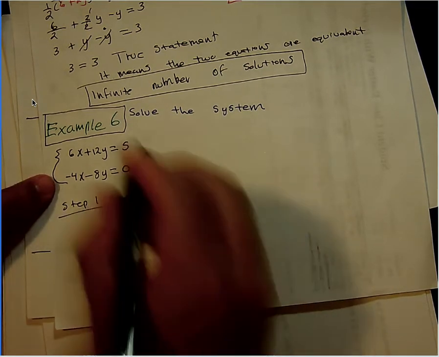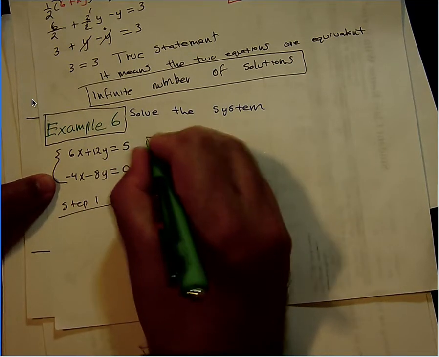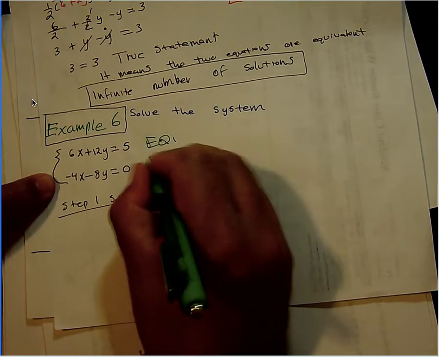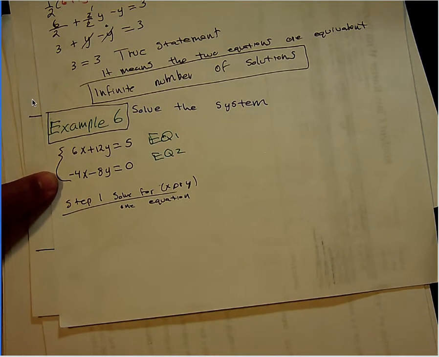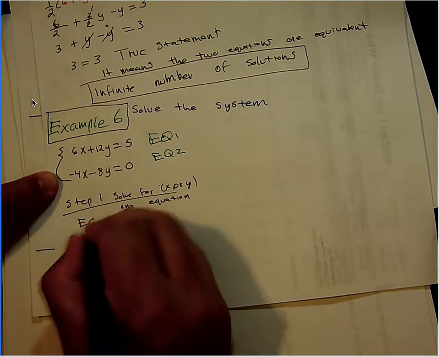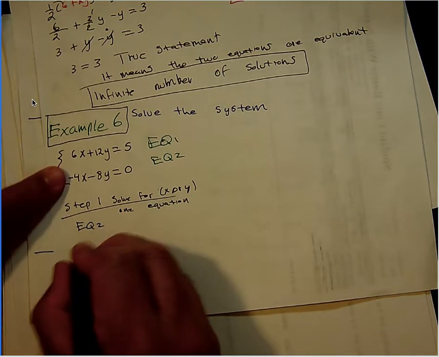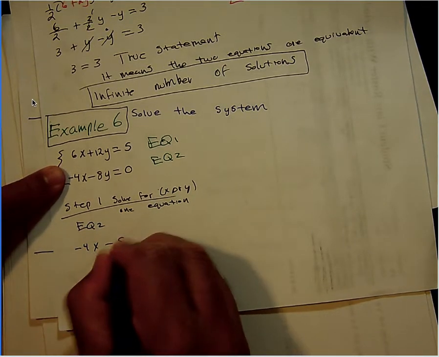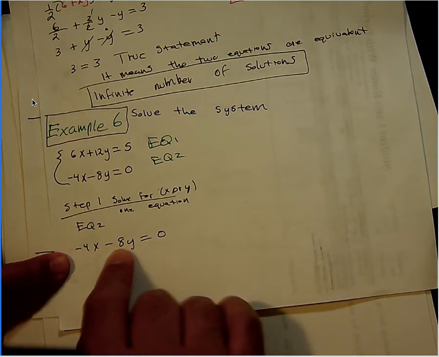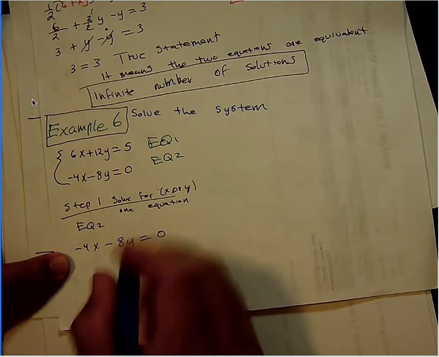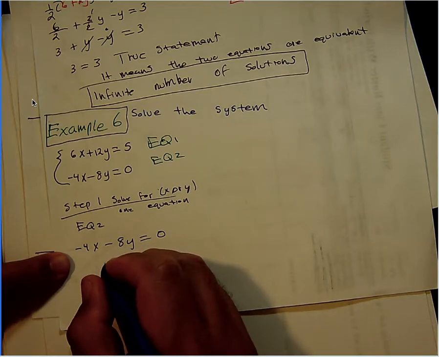So this is equation 1. That's equation 2. I'm going to solve for equation 2. And like I said, you can solve for x or y. I'm going to solve for x because it's easier. I'm going to avoid fractions and stuff.